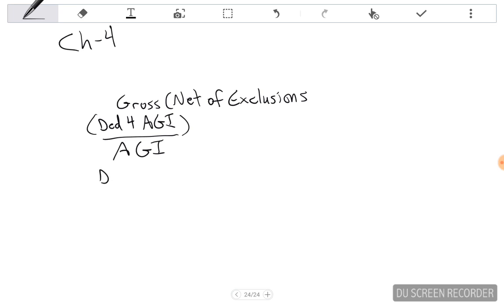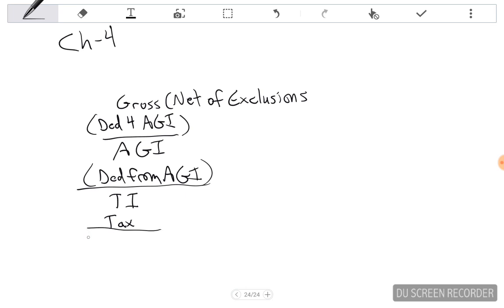And then we have the deductions from AGI, which we'll focus on more in the next chapter. We have taxable income, and then on that we calculate the tax with the tables, and then from that we can subtract some credits.